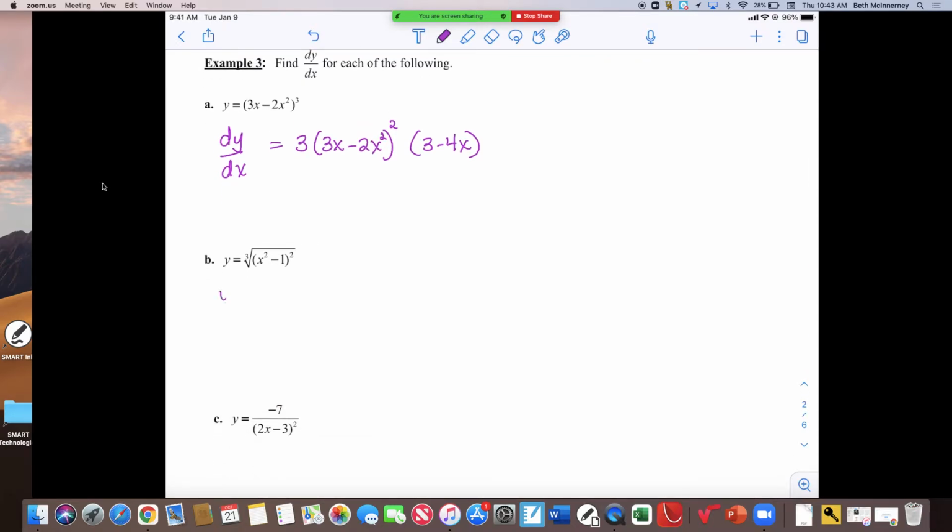In letter B, I personally would rewrite this before I do my derivative. So I'm going to write y equals the quantity x squared minus 1 to the 2/3 power. All right, I'm going to pause, and I want you to try this.